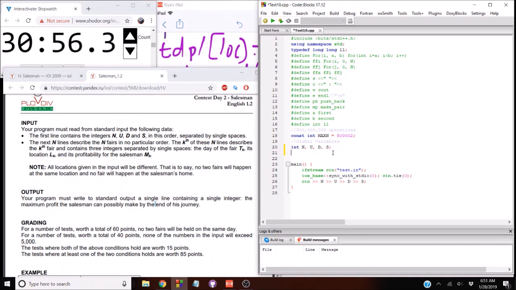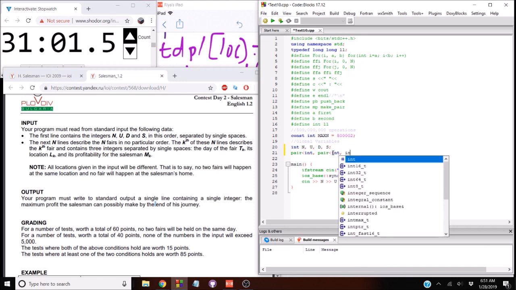Okay. I'm reading it as pairs so that I can sort them easily.